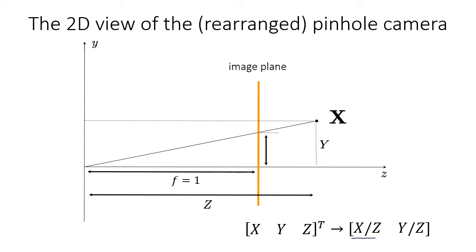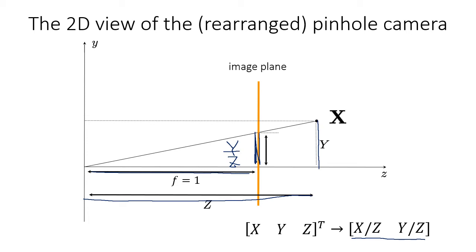It is very simple, a proportional expression. Because this is y and this is g, then this is 1, so this is just y over g, and also for x it is the same because we can draw the same 2D view.